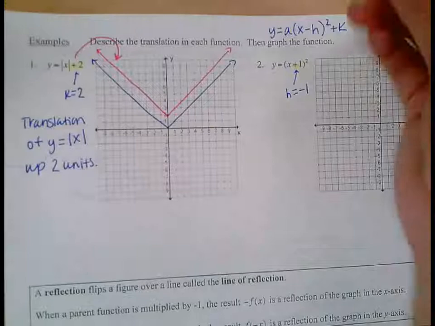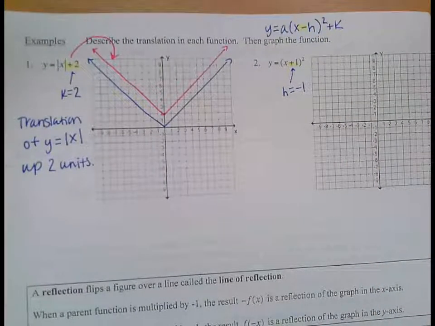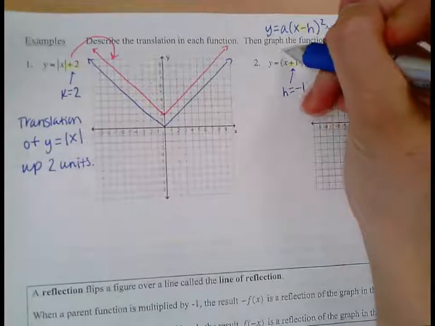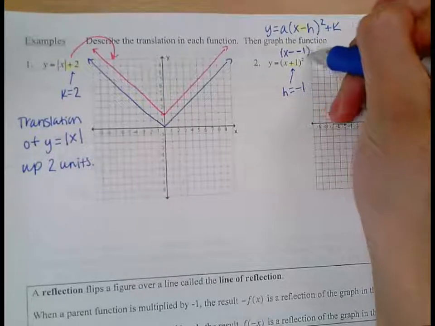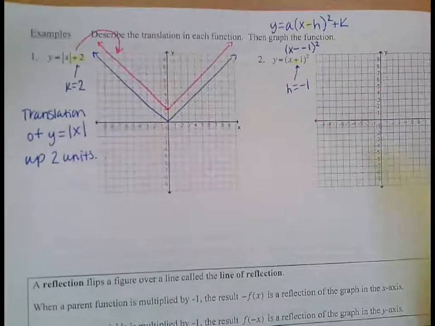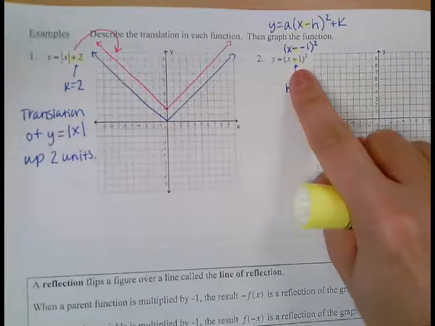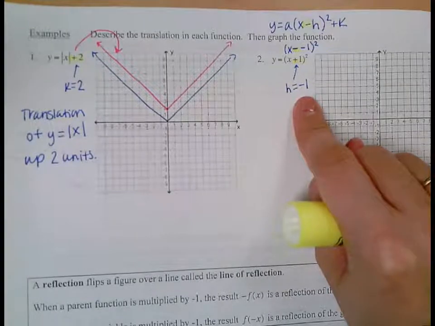Notice in the formula, you're always subtracting the h value. So if I see plus 1 here, this is really the same as saying x minus negative 1. And h is the value, like I said, that you're subtracting. So if I'm adding 1, I'm really subtracting negative 1, which is why h is negative 1.